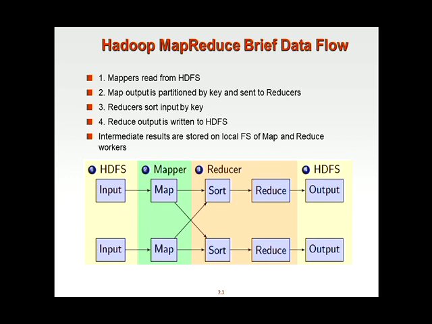The sorted results will be received by the reducer. On the reducer side, the reducer will process the grouped results and do aggregation, and then generate the final output to HDFS again. The final output will be written to HDFS as files. So this is a very brief data flow.